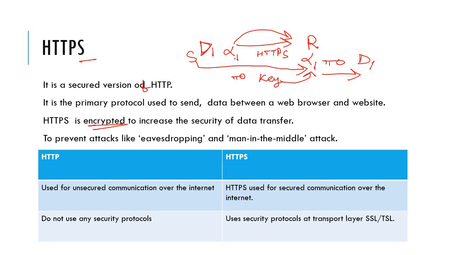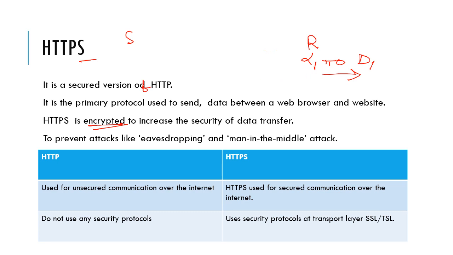So eavesdropping: there is again a sender and there is a receiver. Okay, let me just clear the screen. So there is this sender and then there is a receiver.